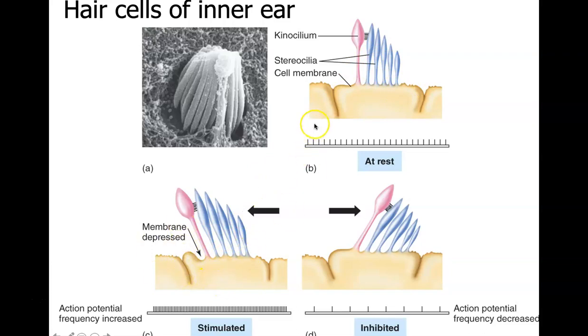Okay, so at rest, the hair cells are just kind of bopping along, action potential, normal. When something happens, it's stimulated, it gets way more action potentials. If they bend the other way, such that it pulls out the membrane, that inhibits this such that you get a decreased action potential.